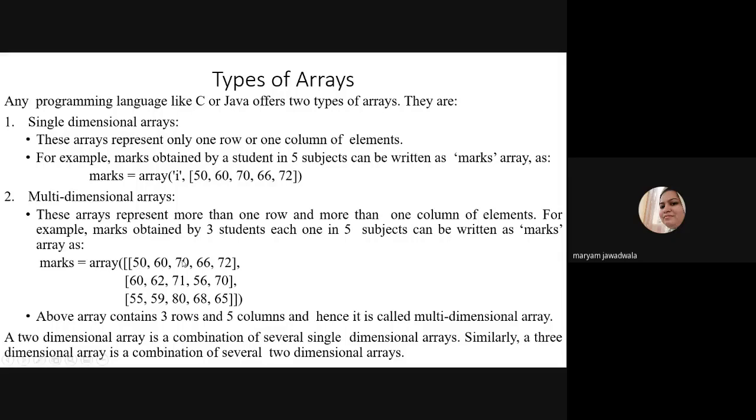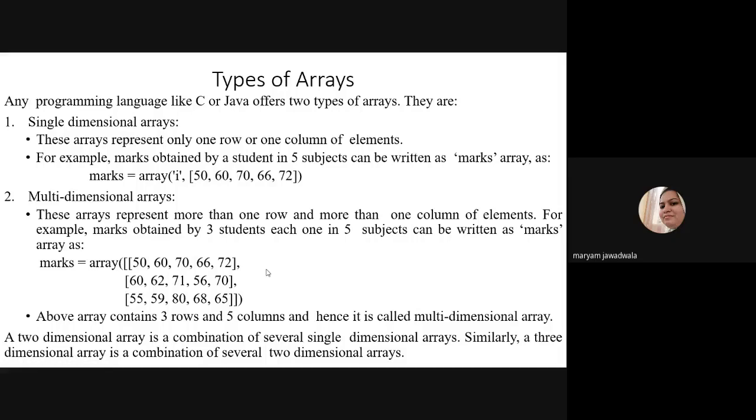The first row in square brackets, 50, 60, 70, 66, 72, is marks obtained by the first student in 5 subjects. The second row is marks obtained by the second student in 5 subjects. The third row is marks obtained by the third student in 5 subjects. So this marks array consists of 3 rows and 5 columns.